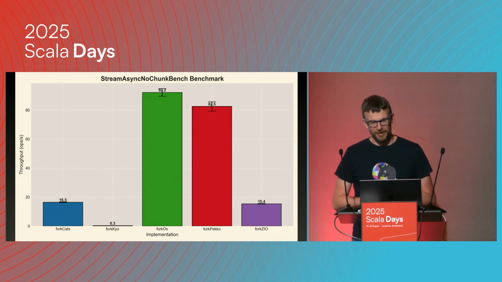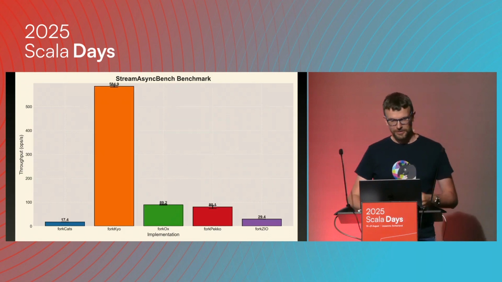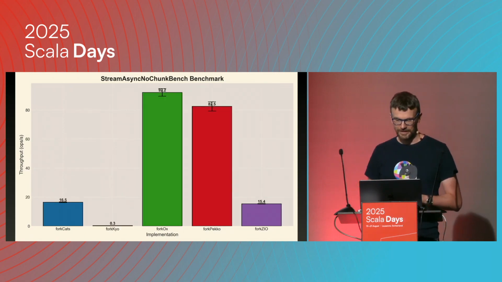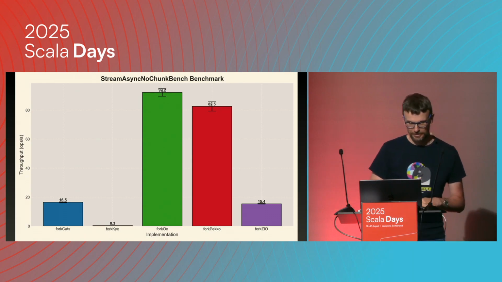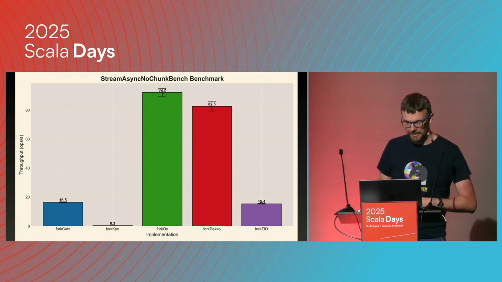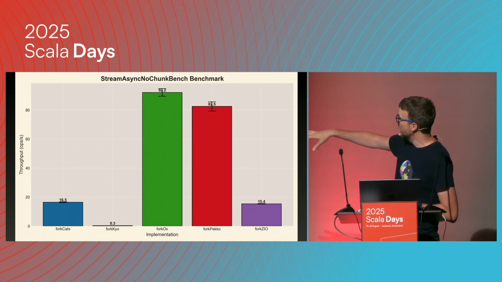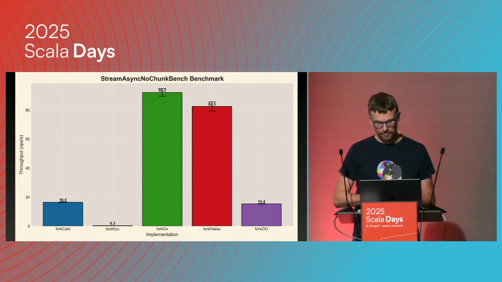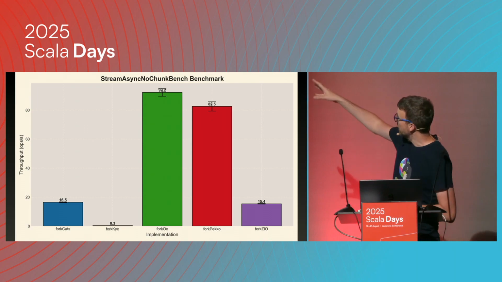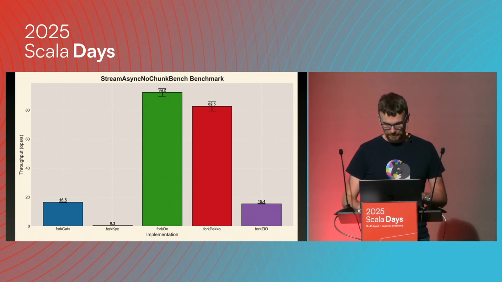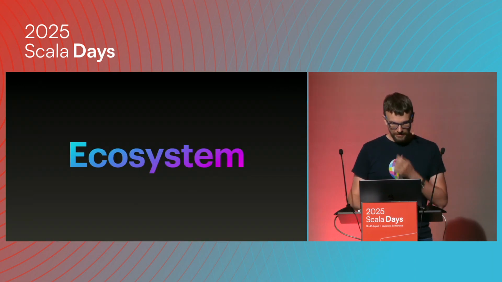I don't know, because it's called chunking, batching. So yes, if you have a chunk of size 1, I guess it's some kind of a bug in Kyo, but here Ox behaves very nicely, a bit faster than Pekko. Okay, so that's it for the performance.